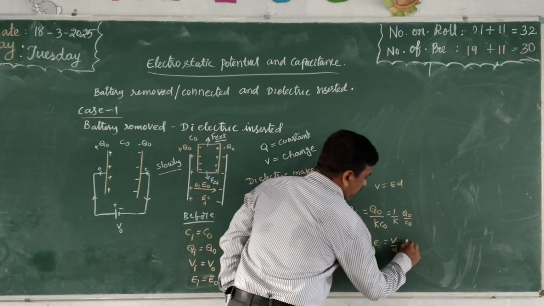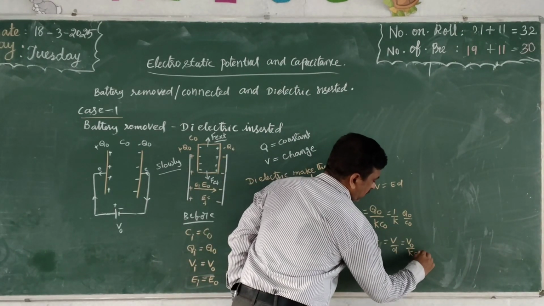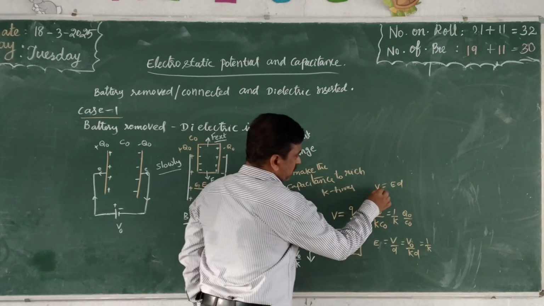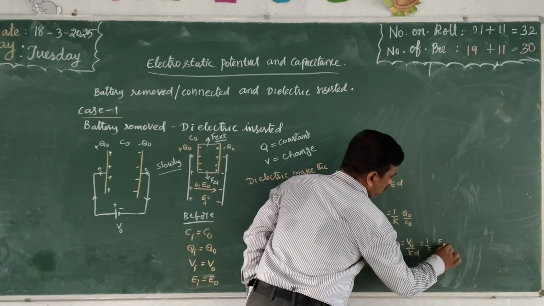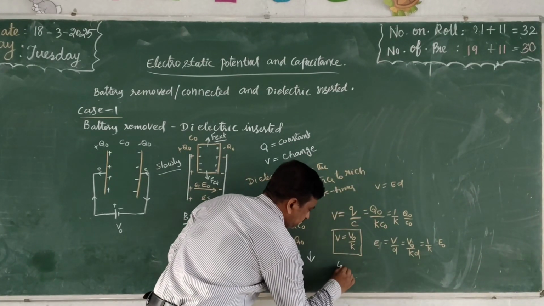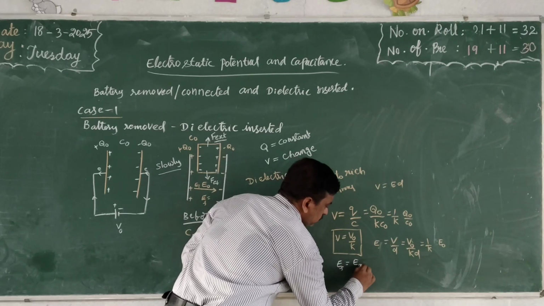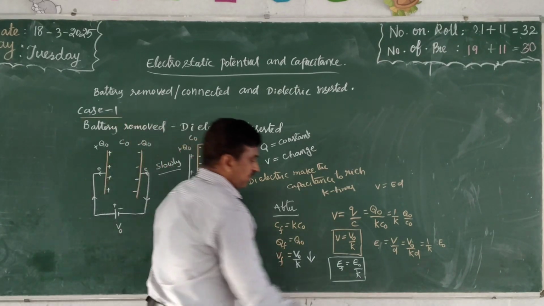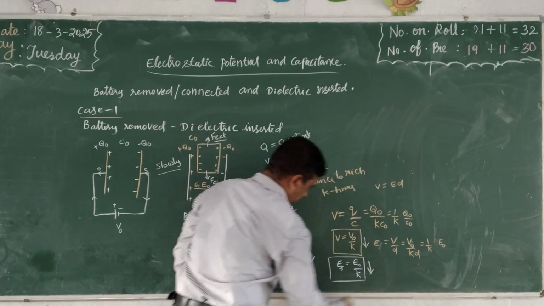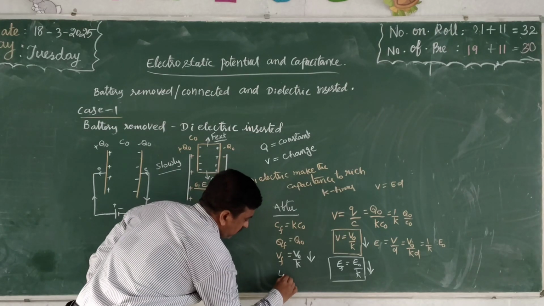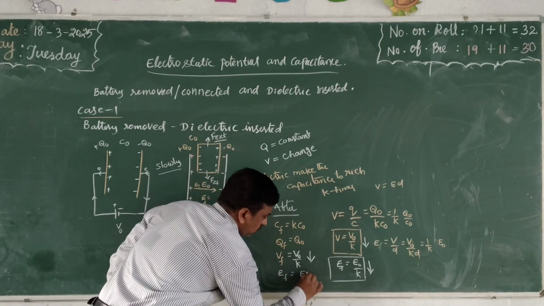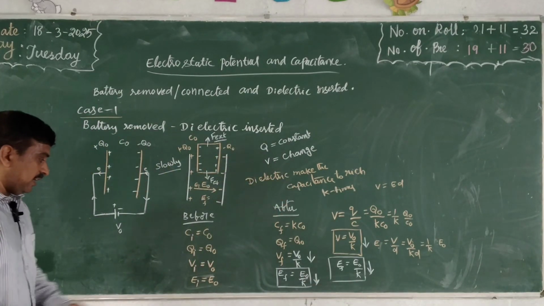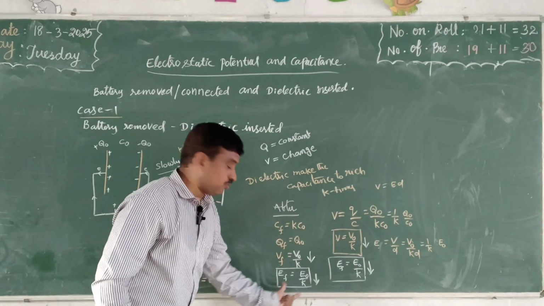V is V naught by K, so E equals 1 by K times V naught by D, which is E naught by K. So when the dielectric is inserted, the potential decreases and the electric field also decreases K times: E final is E naught by K.